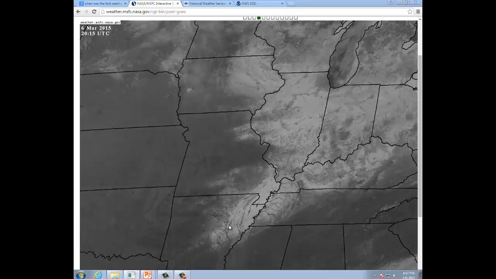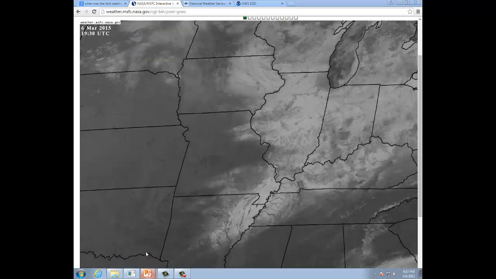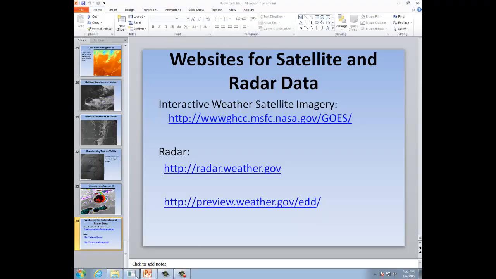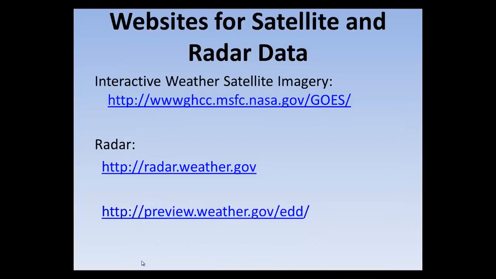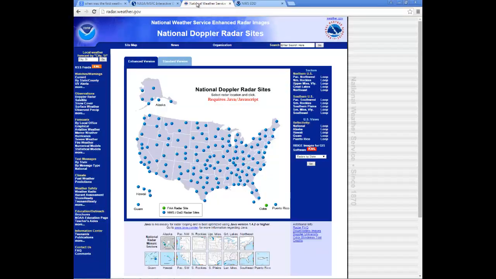Now going back to the slide real quick, we'll look at one of the radar sites that I like. Radar.weather.gov. That's the basic site for radar. I'll show it to you real quickly. This is what it comes up with. And you can select any radar site across the country, or you can look at mosaics.